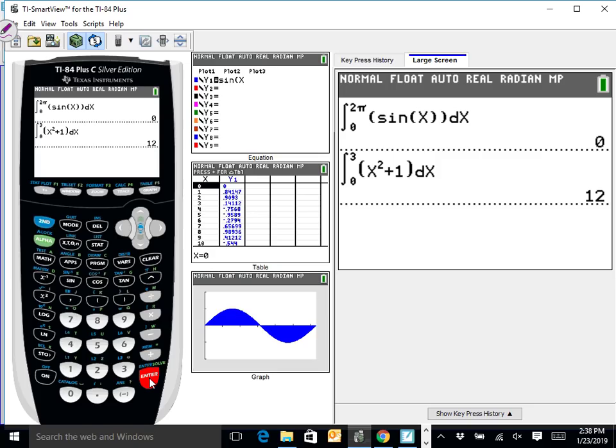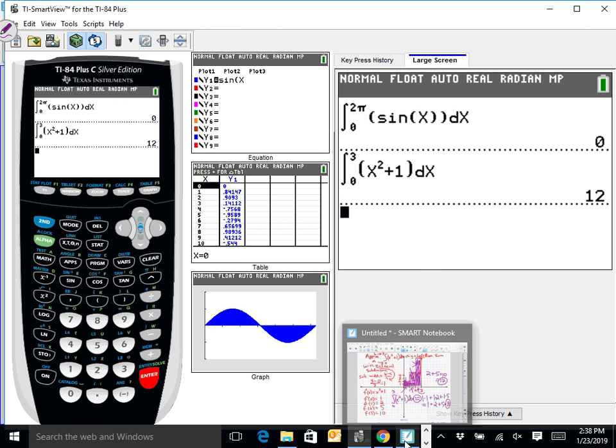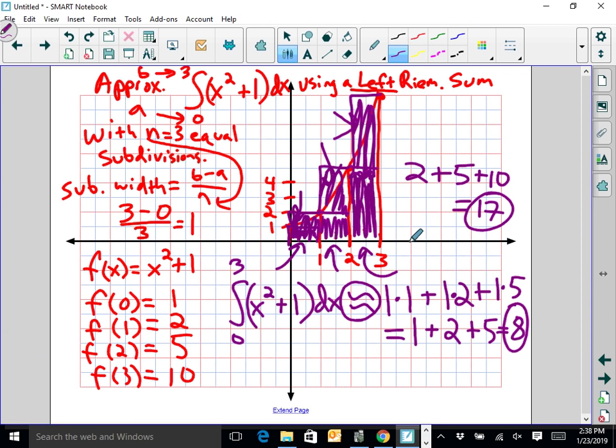Now, the last question I'm going to leave you with for today is how could I make this Riemann sum be more accurate? Well, my left was too small, my right was too big, right? But I want it to be more accurate. Well, there's going to be a lot of ways that we can make it more accurate. But one way is, what if we used more rectangles?